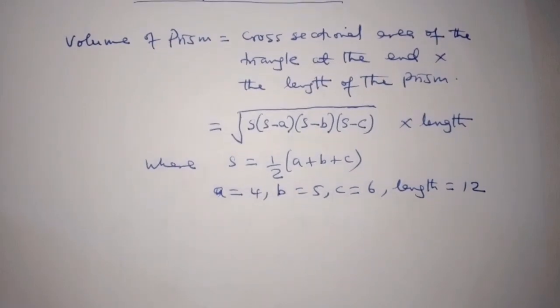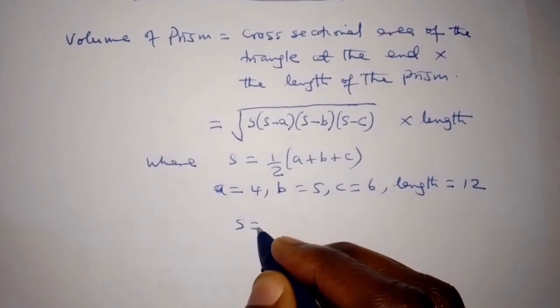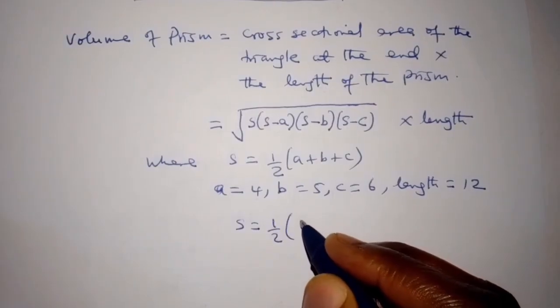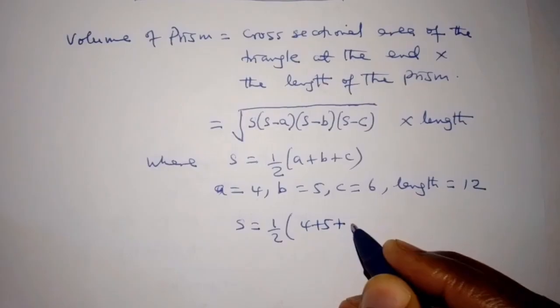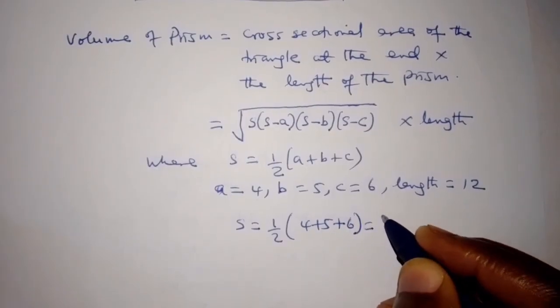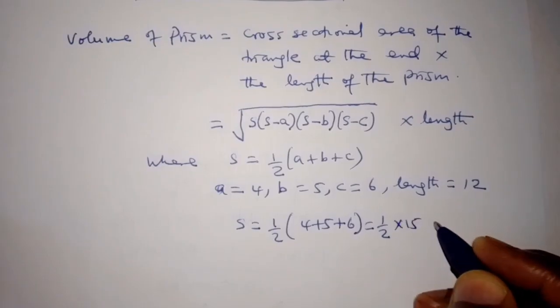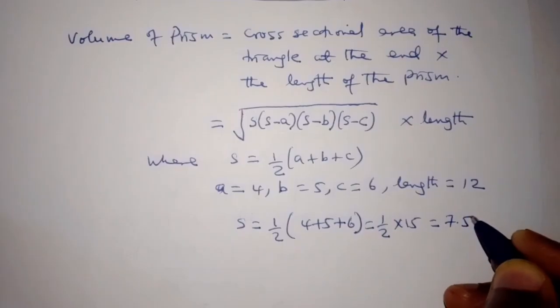S is equal to a half times 4 plus 5 plus 6, which is equal to a half times 15, which is equal to 7.5.